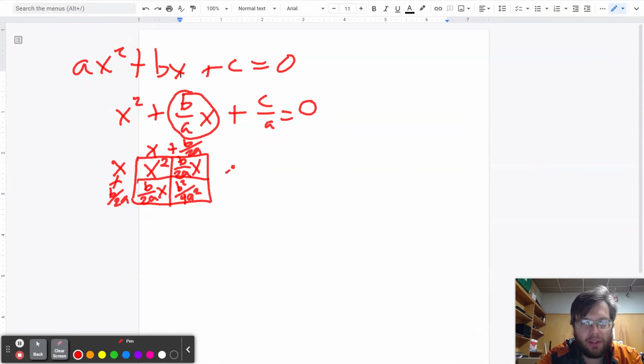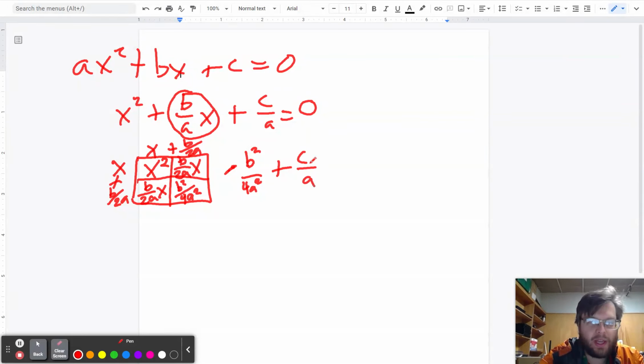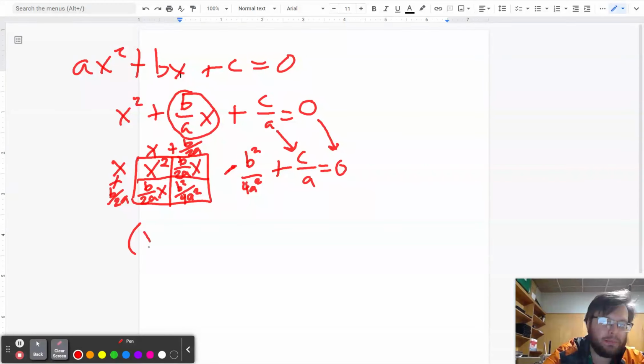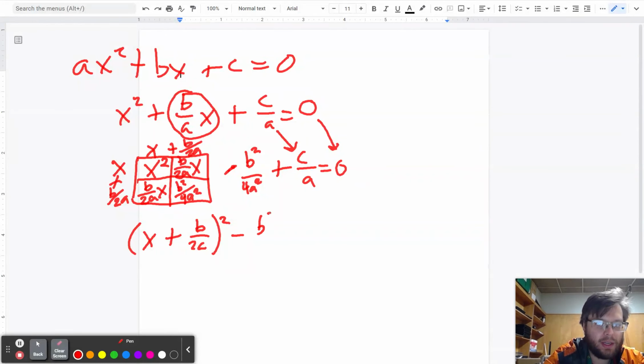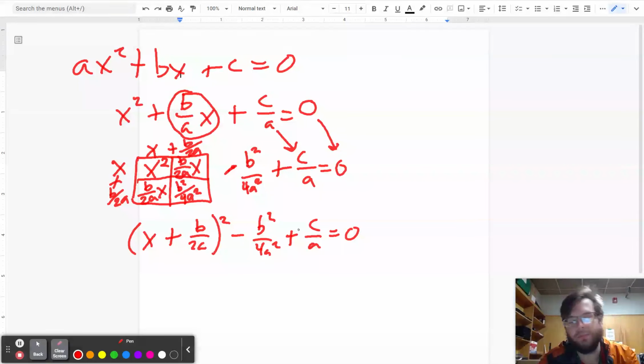So whenever you borrow something from the bank, it's going to also give you a debt: minus b squared over 4a squared. The c over a is just being copied down from before. The equals 0 is just being copied down from before. So here is our completed square: x plus b over 2a squared minus b squared over 4a squared plus c over a equals 0.